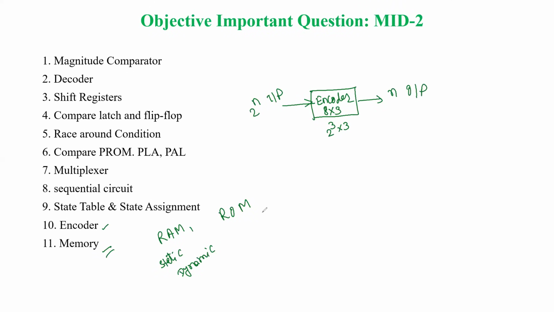In case of ROM, we have four types: mask ROM, PROM, and EPROM, which is erasable with the help of UV rays. Then we have EEPROM, which we erase with the help of electrical signals.